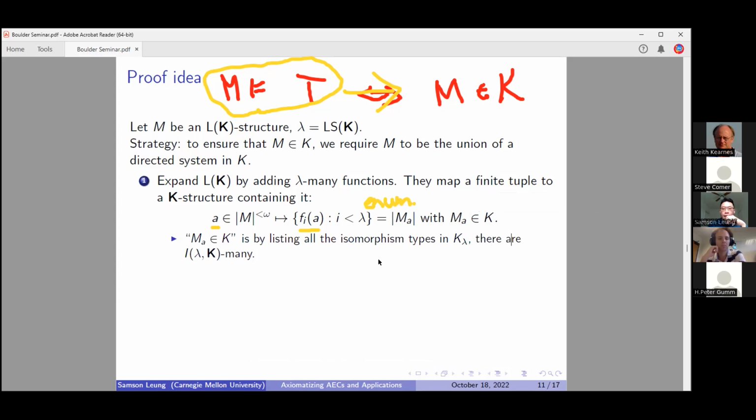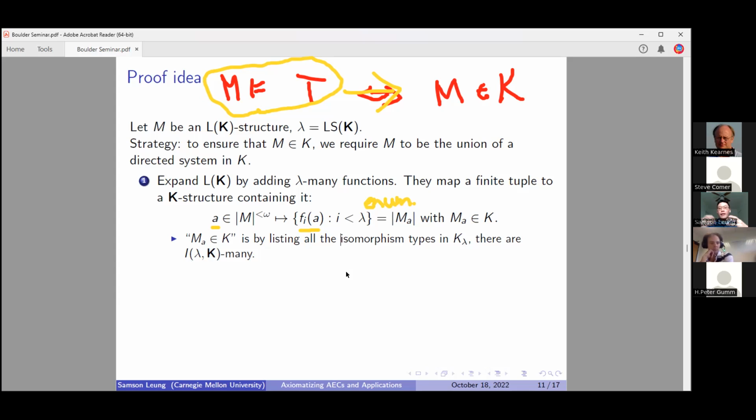So the way I do it is that I first list all the possible models in K_lambda. And if you ask how many models there are in K_lambda, it'll be I_lambda(K) many. And to each model, you will need an infinitary logic to write down all possible relations and functions in that model.